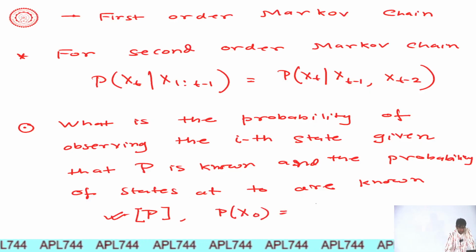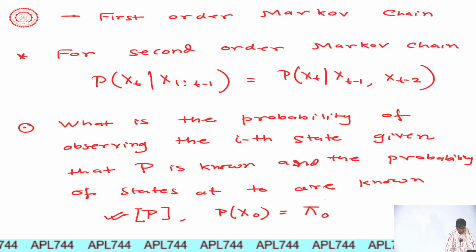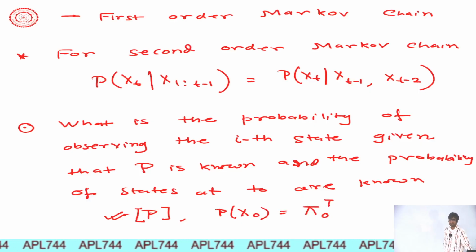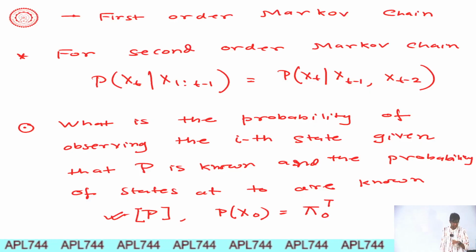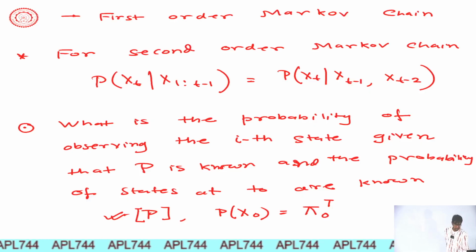Probability of x0 is equal to, I will write it as, pi 0 transpose. So this is known as pi 0 transpose. What is pi 0 transpose?